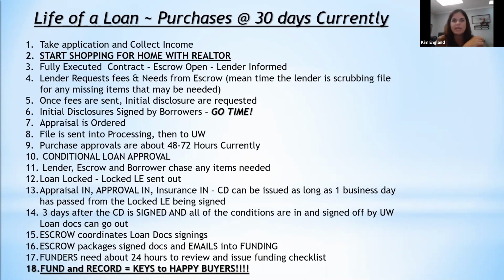Sometimes, especially now with some of the changes with COVID, you've got a furlough and there might be a question on income documentation. If there's anything like that, I'll tell people to wait, give us an extra 2 days to get it signed off by the underwriter. But once you have your loan approval, all conditions have gone in, your appraisal's in, you should be clear at that point to release your loan contingencies.